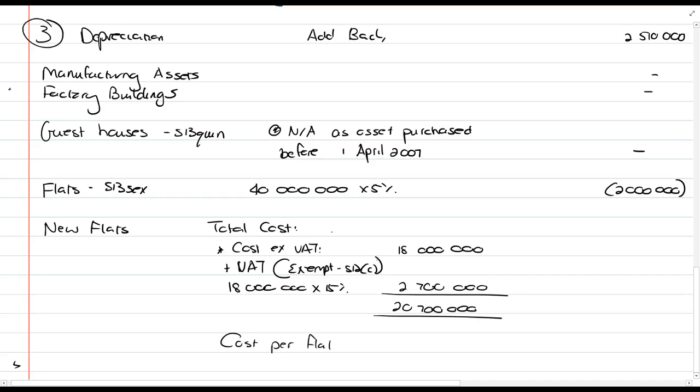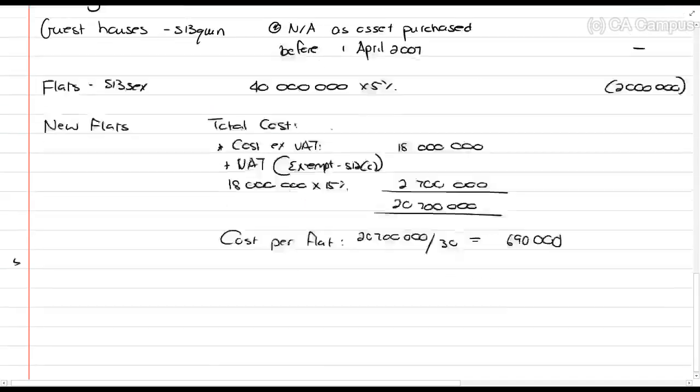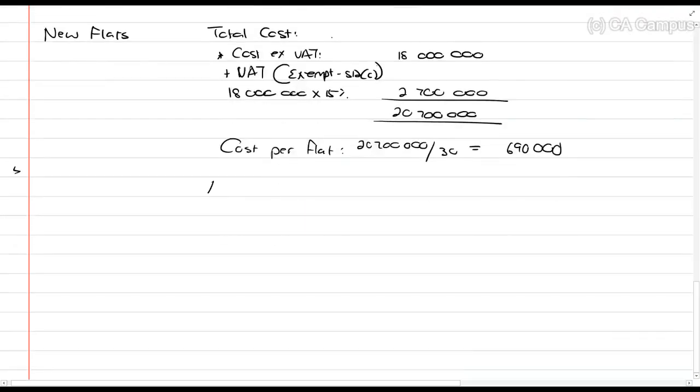Cost per flat. Right, so 690,000. So it exceeds 350,000.